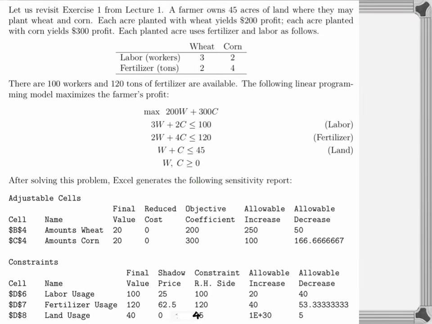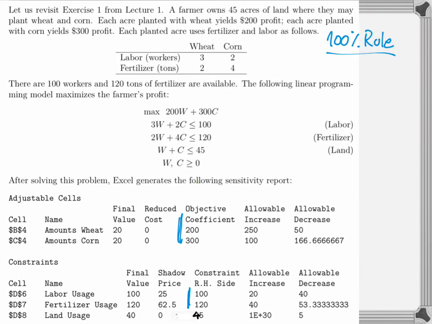This only works if you're considering multiple changes to objective coefficients, or multiple changes to constraint right-hand sides, but not a combo of them, like one change up here and one change down here. Let me give you an example.